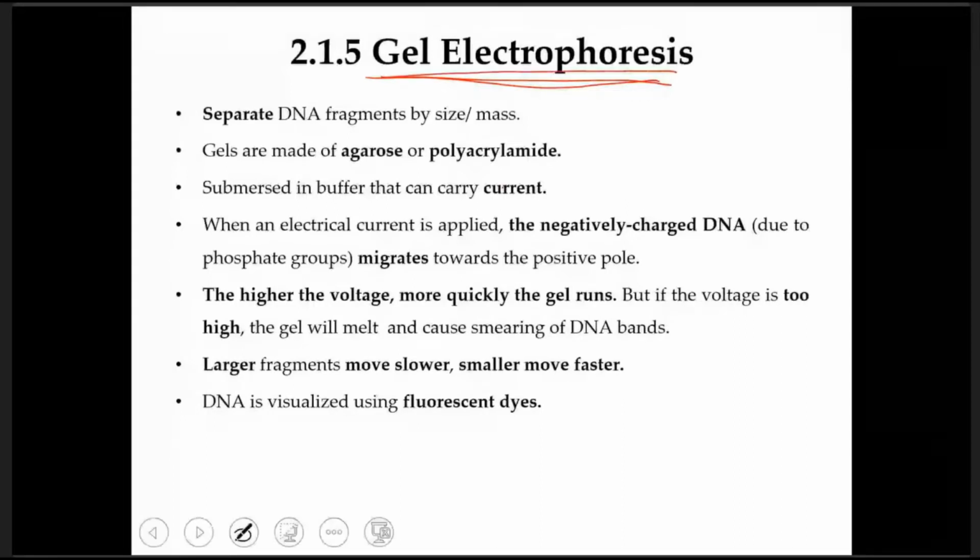Your DNA sample will consist of various sizes or masses, that maybe you have cut using certain restriction enzyme, or that you have marked using certain markers, for example. So through gel electrophoresis, you will separate the DNA fragments by size or mass.